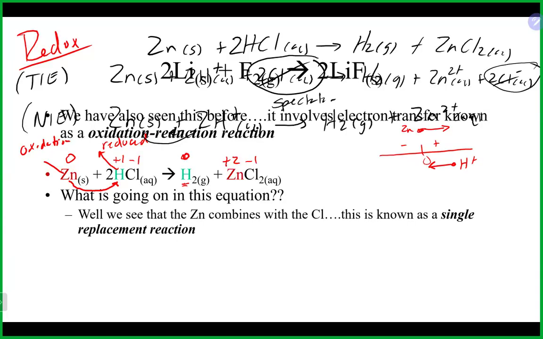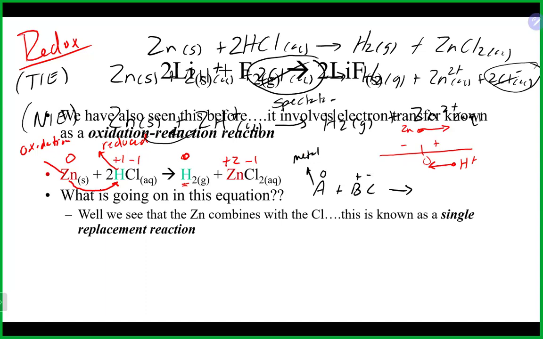We actually have seen this general setup of A plus BC. In a single replacement reaction, this is the only time you will have this sort of setup, where you have something that has no charge, which can be a metal, and something that's an ionic compound.